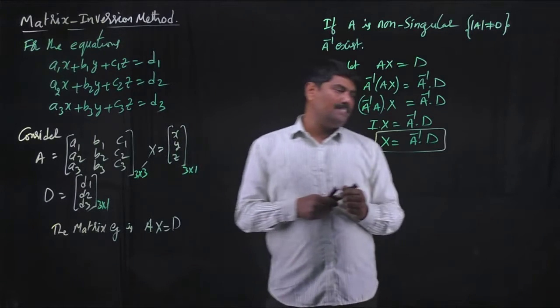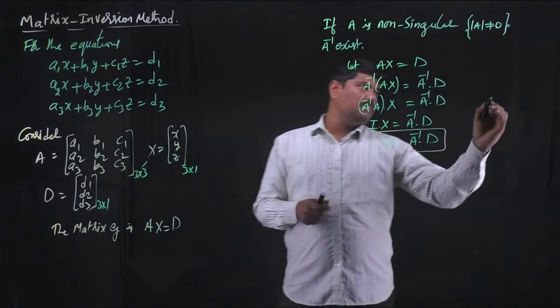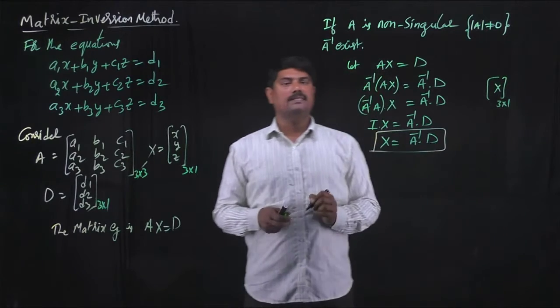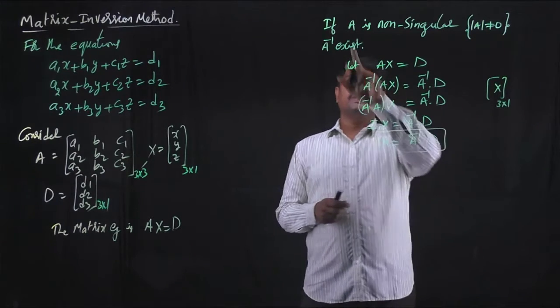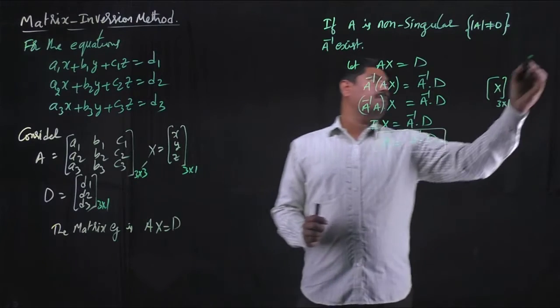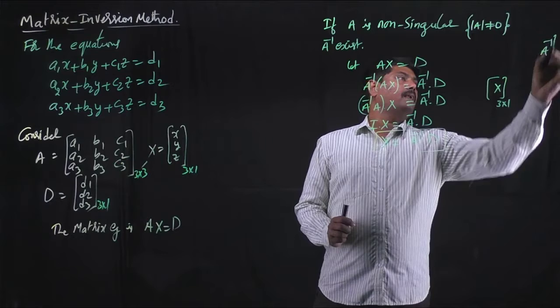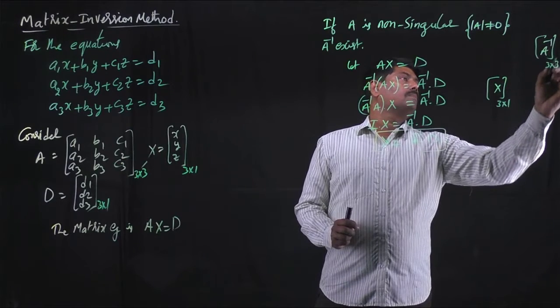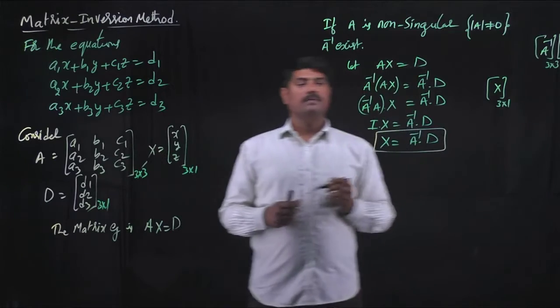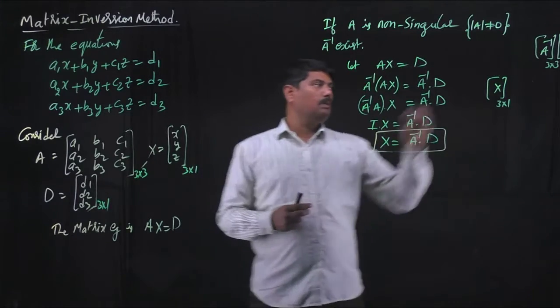So this is possible. Since X is of order 3 by 1 and A is a 3 by 3 matrix, we consider A inverse is also 3 by 3. So the A inverse matrix is of order 3 by 3 and the D matrix is of order 3 by 1. Multiplication is possible here.